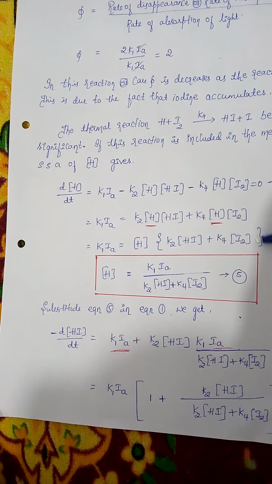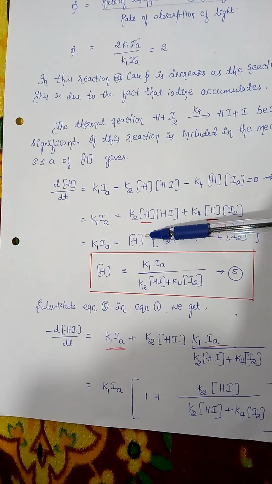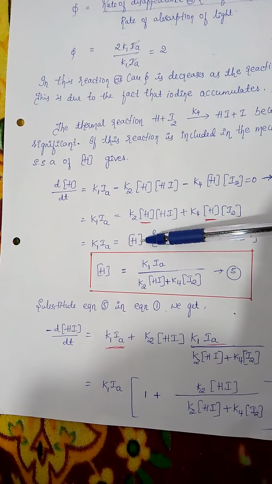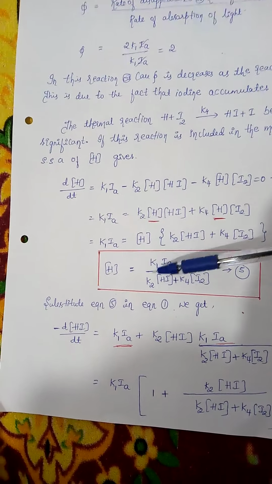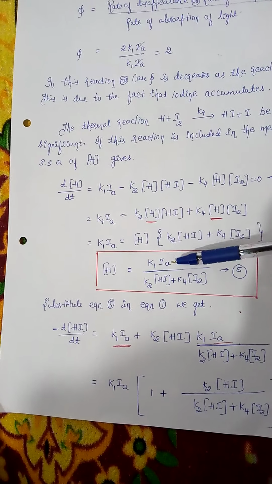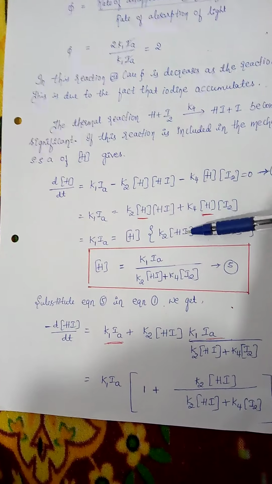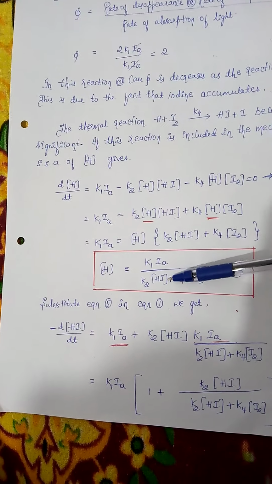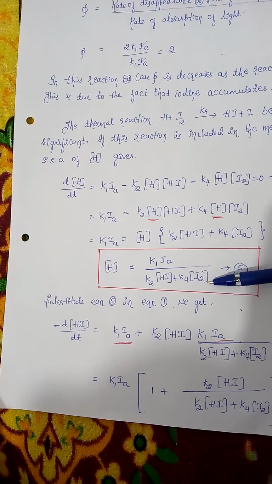Observe this equation. Now you have to find the value of the concentration of H. If you take the concentration of H outside, the equation becomes [H] is equal to K1Ia by K2 [HI] plus K4 [I2].